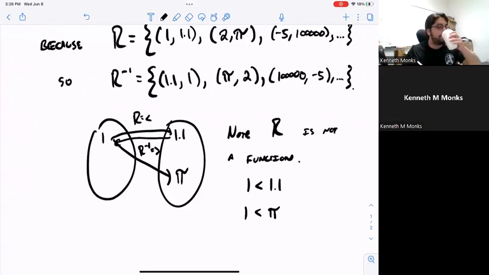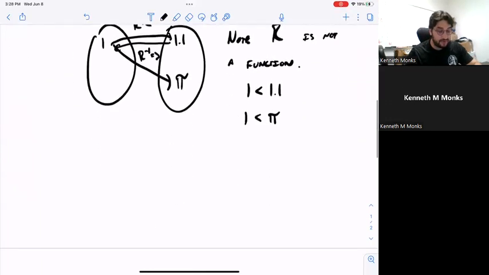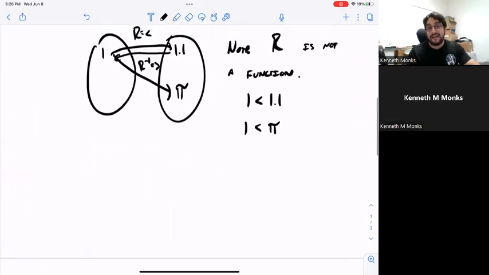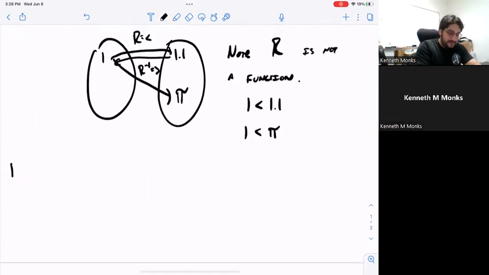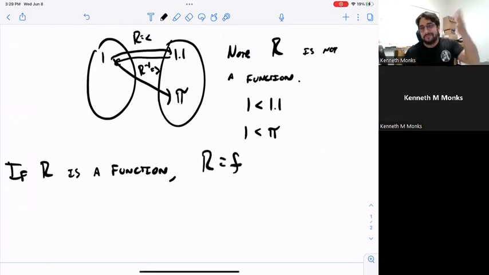Now, the case that I'd say we're most often interested in with regards to these inverse relations is the case where the relation does happen to be a function. So let's think about it. If R is a function, let's now switch to function notation. We'll call it f.